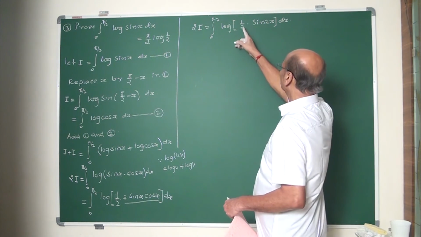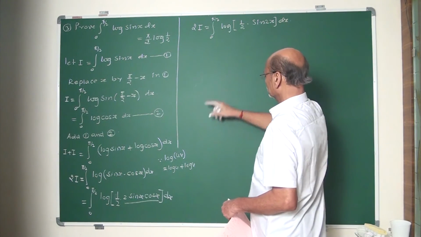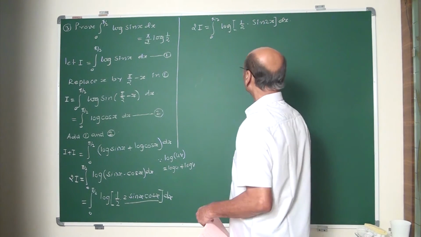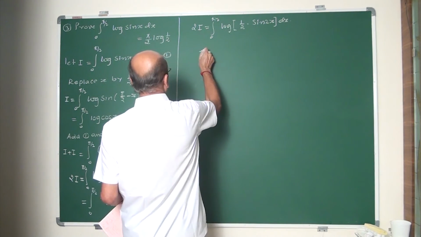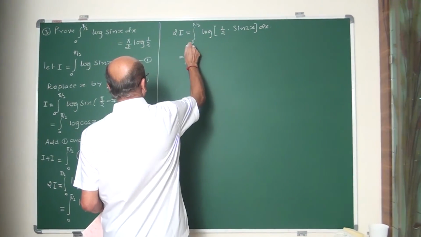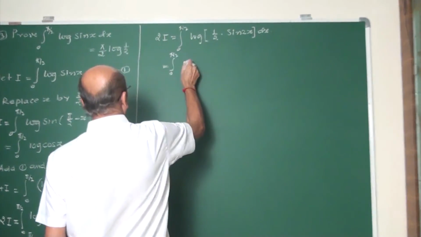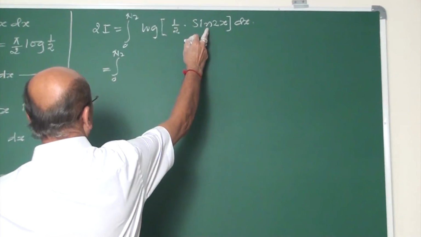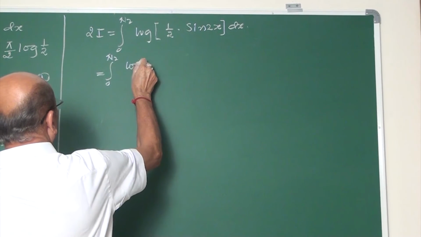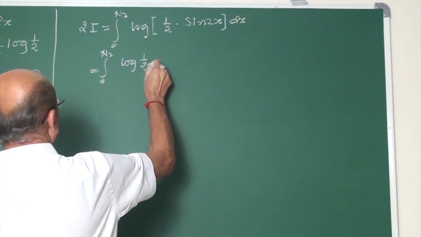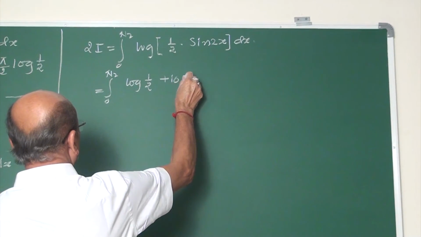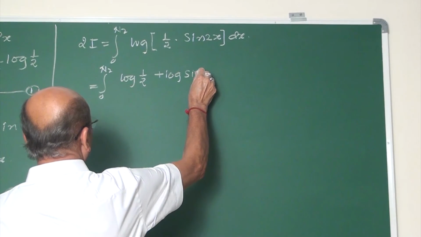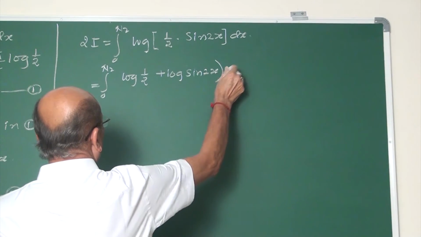Now it is a product. This into this. What is the log of a product? Sum of the logs, right? This equals integral 0 to pi by 2 log u plus log v, log 1 by 2 plus log sin 2x dx.